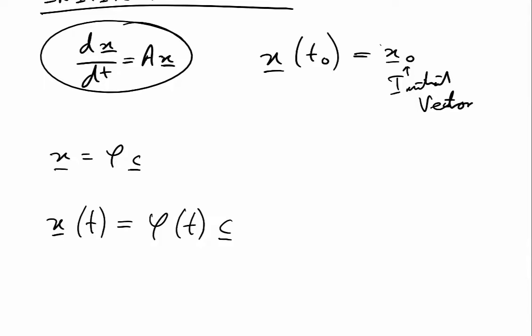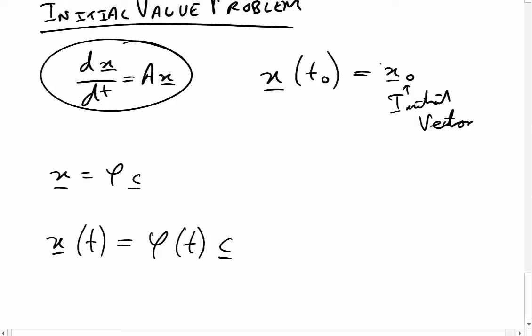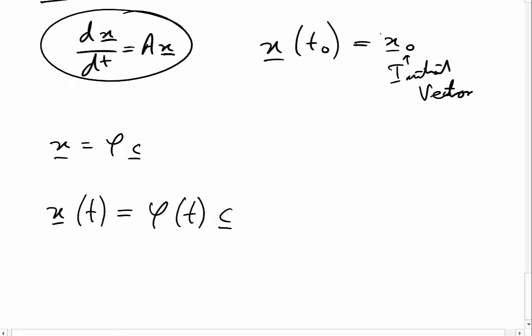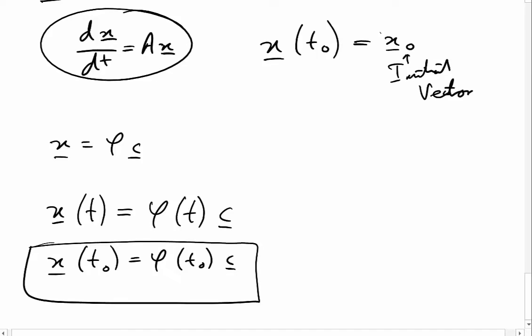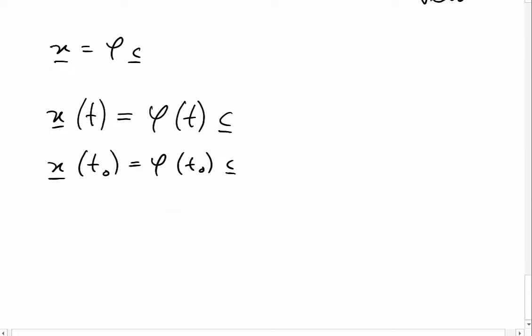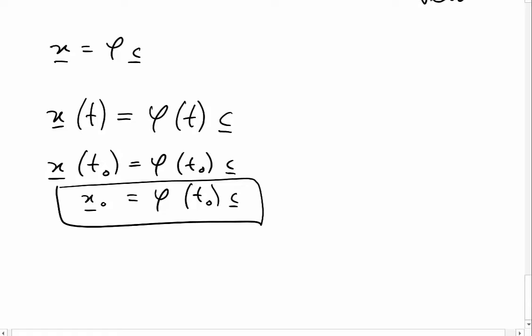Okay. Well, I've been given the initial data that at time 0, I have x0. So if I now evaluate my solution at time 0, just replacing t by 0, I'll have this thing going on. This is just introducing notation now. Let's do a little bit of rearranging. Because x0 is equal to x at time 0, phi of time 0 times our constant vector will be equal to x0.